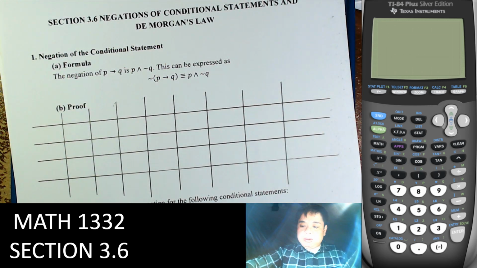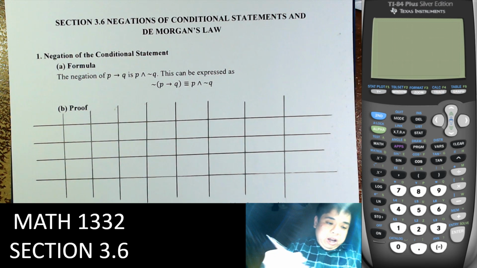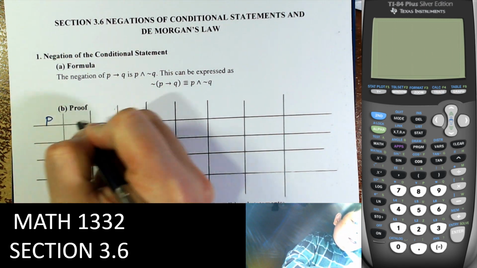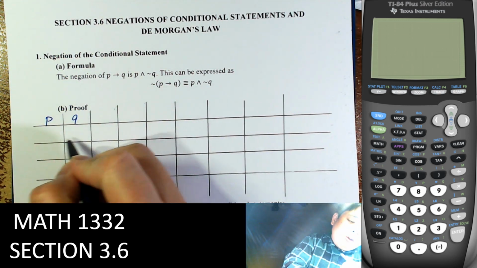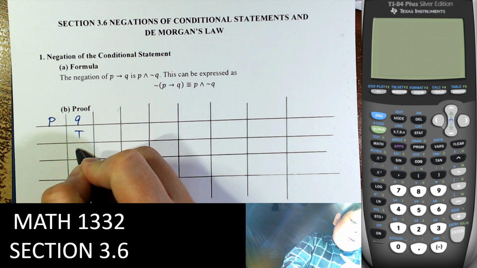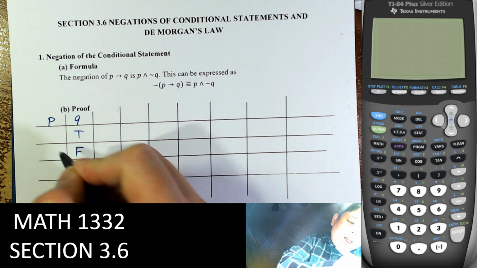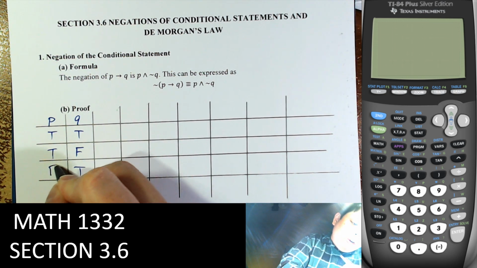So we have the statement P, Q, then true, false, and then true, false.